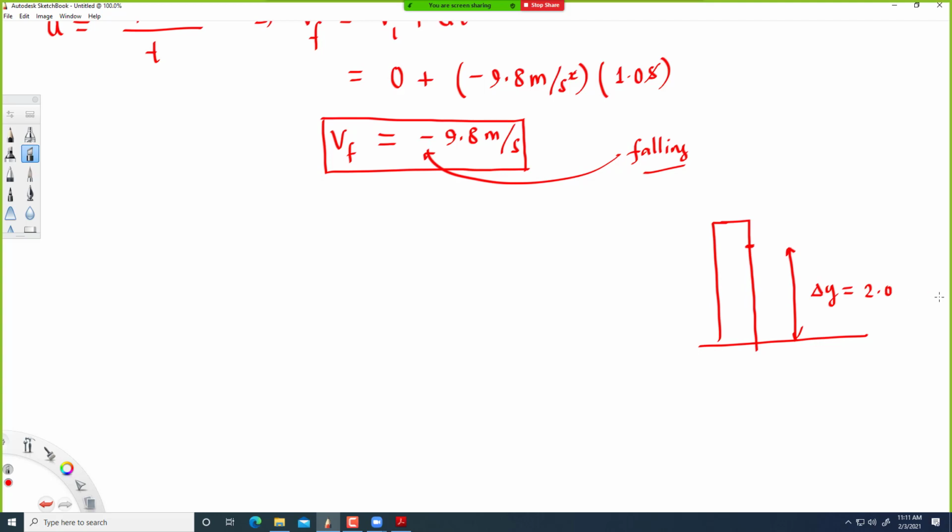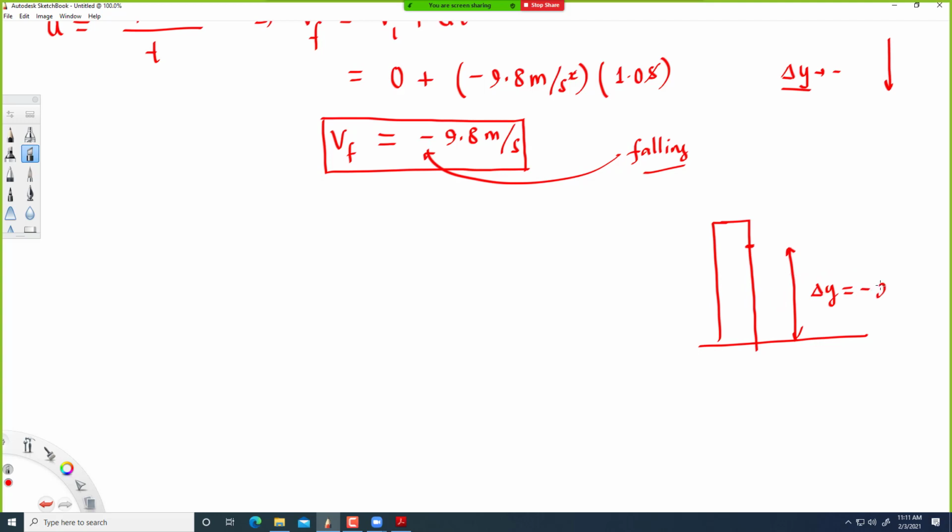It is 2.5 meters. Now displacement is a vector quantity, so if it is moving down, this would be negative. Okay, although the question doesn't say whether it's positive or negative, it doesn't give a negative sign, but you still need to put a minus sign here.